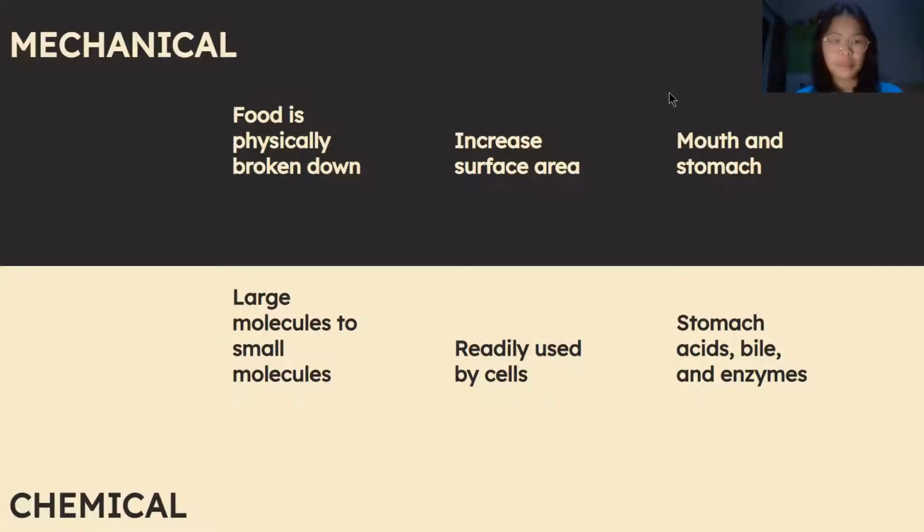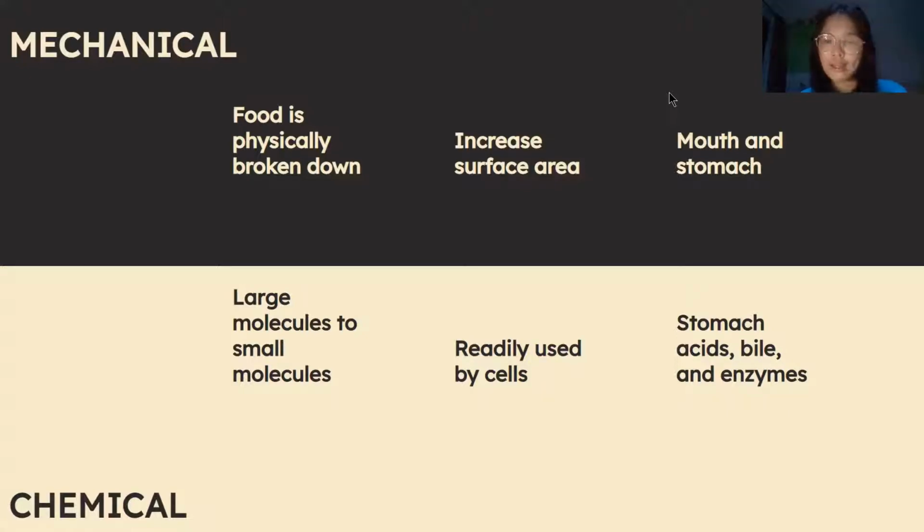In chemical digestion, large molecules are broken down to small molecules. So it's not only from big food into small little chunks of food, but they're actually broken down chemically into their smaller components. Chemical digestion is done by stomach acids, bile, and enzymes.